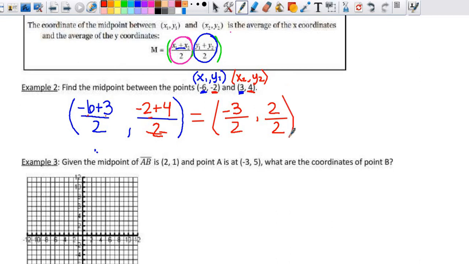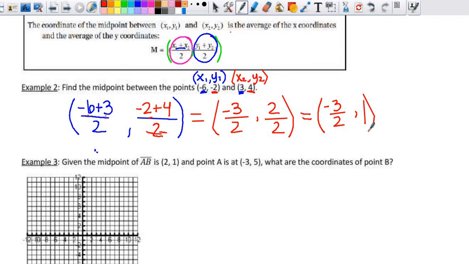So I think we need to do a little bit more simplifying for this coordinate. -3 divided by 2 is -1.5. We're going to actually leave that as a fraction, and that is in its simplest form. So we will still keep that as -3/2. But 2 divided by 2, we can simplify, because that is just 1.